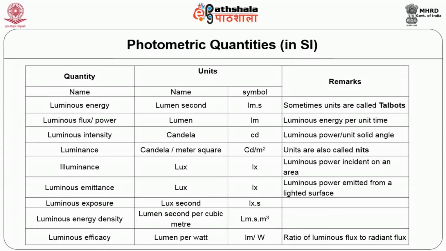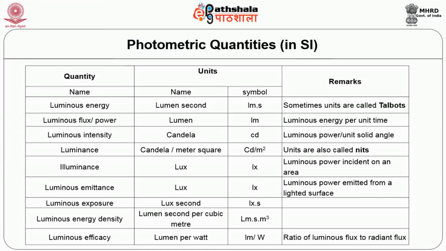Luminous intensity in candela. Luminance in candela per meter square. Illuminance and luminous emittance in lux. Luminous exposure in lux per second. Luminous energy density in lumen per second per cubic meter, and luminous efficiency in lumen per watt.